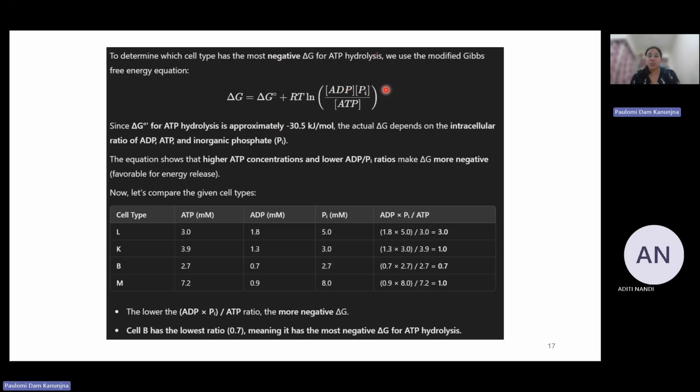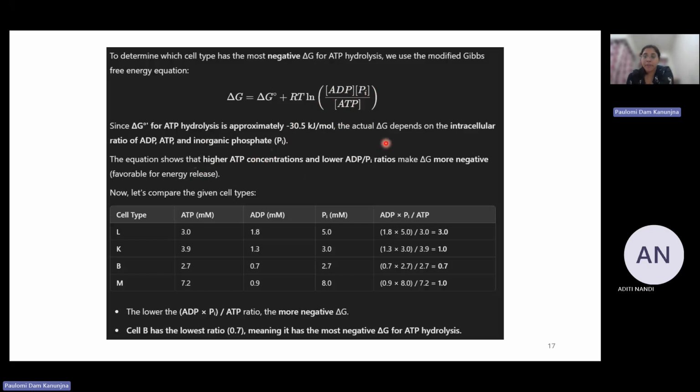In general, delta G as we have seen is minus 30 kilojoule per mole, and the actual delta G depends on cellular concentration, where you see that the equation favors a higher ATP concentration and a lower ADP, which makes the value more negative.